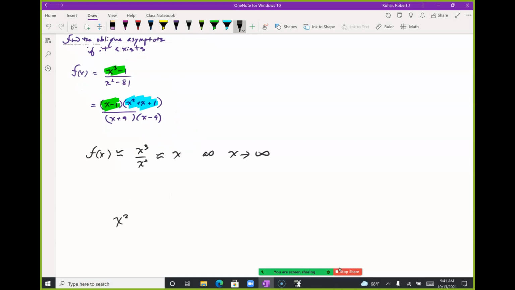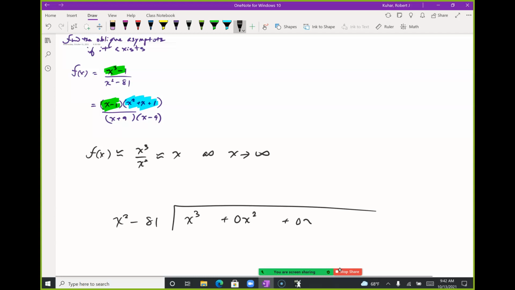So let's do that. X squared minus 81, long divide into x cubed plus 0x squared plus 0x minus 1. So everybody with me here? Angel, you with me here? Yeah, so far so good. Yeah. So remember we got to put those placeholders in for every power of that polynomial.